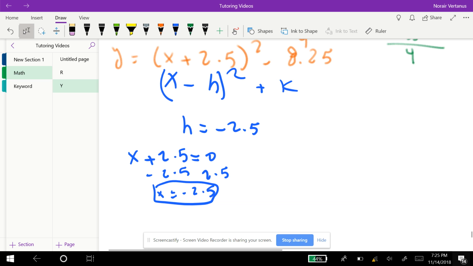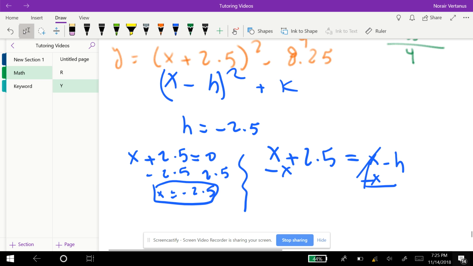Some students get it like that, or you can say, oh, x plus 2.5 should be equal to x minus h. So if you subtract x from both sides, see, this cancels. So 2.5 is equal to negative h. What is h? h is equal to dividing by negative 1, so negative 2.5.